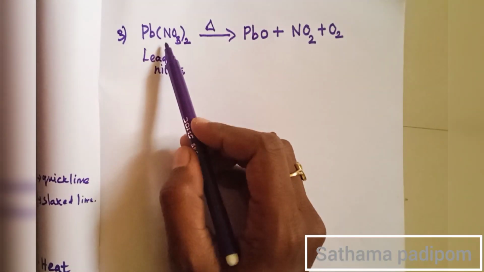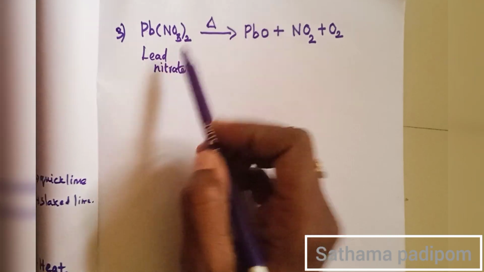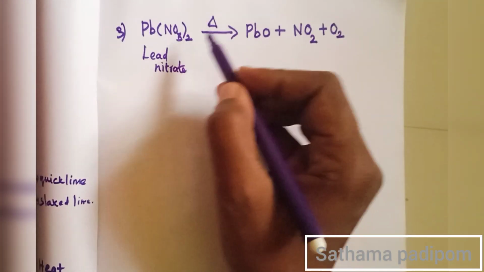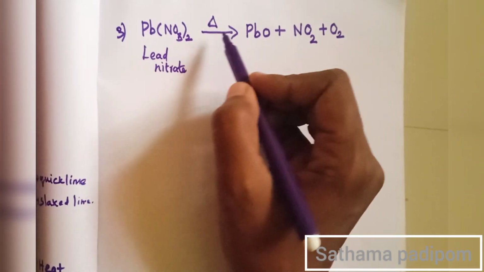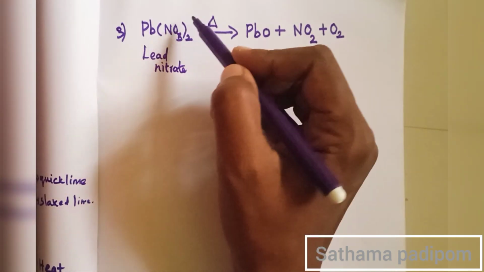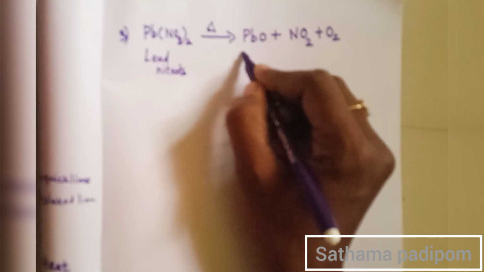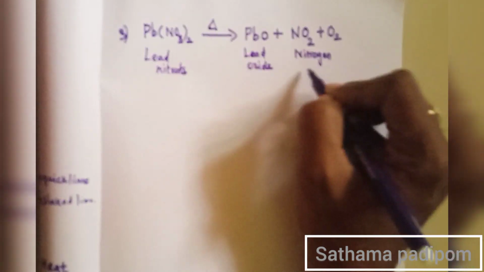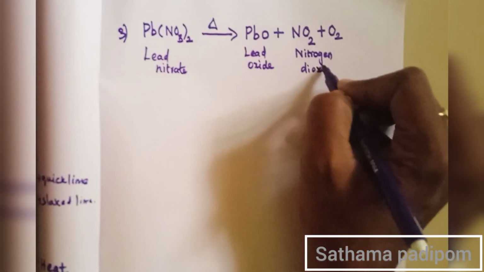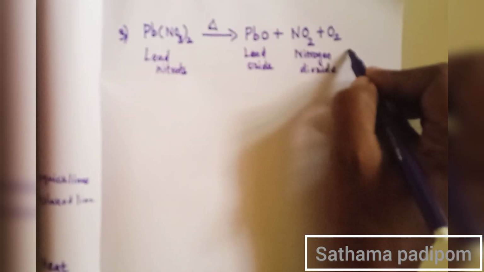So Pb(NO3)2, lead nitrate on heating, when decomposing, breaks into lead oxide, nitrogen dioxide, and next you are getting oxygen.